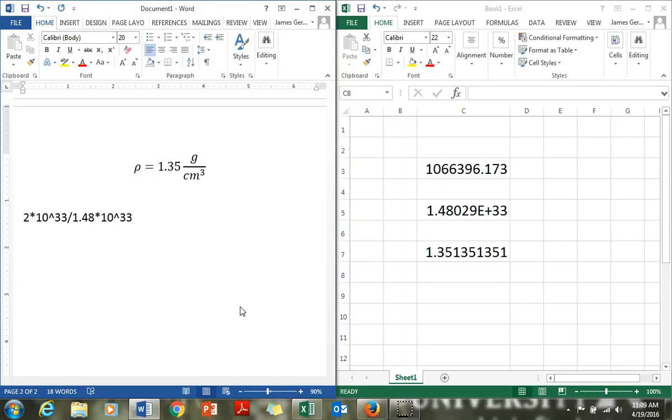When you do this, you're multiplying by 10 to the 33, you're dividing by 1.48, and then you're multiplying all of that by 10 to the 33. All right?